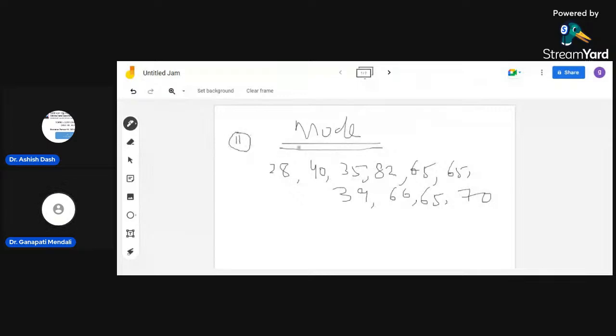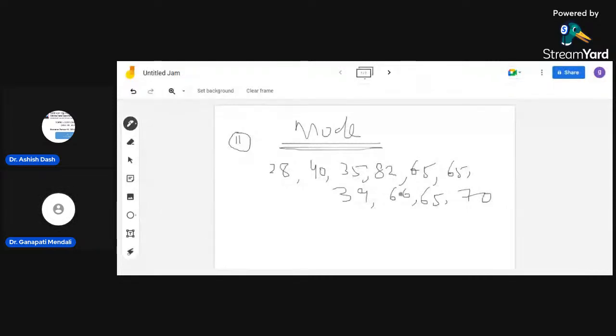So mode is the value of the marks. Which marks occur the most frequently in the data? Which marks are obtained by the most students? Again, we see 28 only one student, 40 only one student, 35 only one student, 82 only one student, 39 one student, 66 one student.